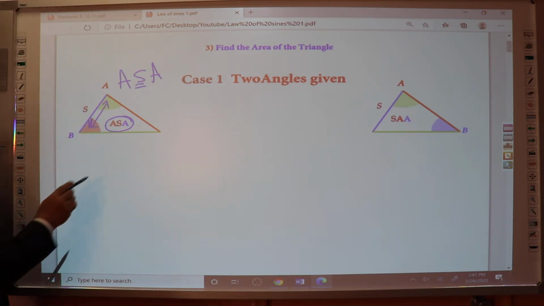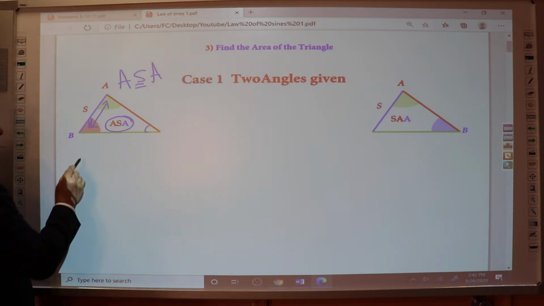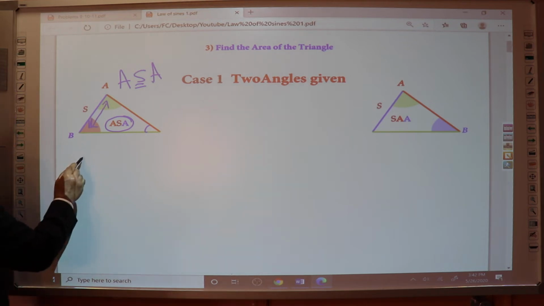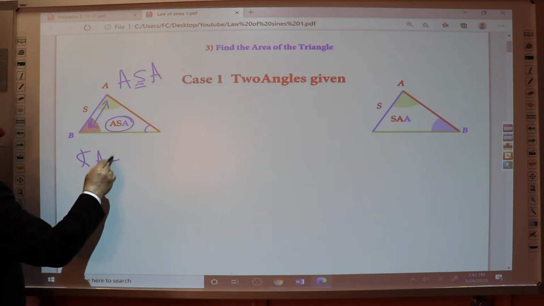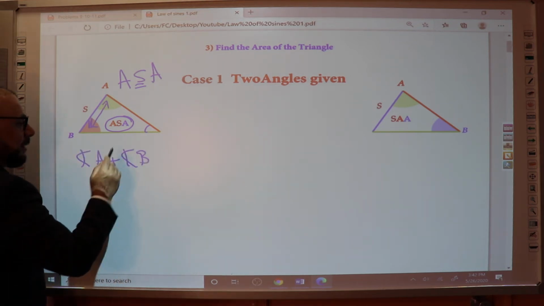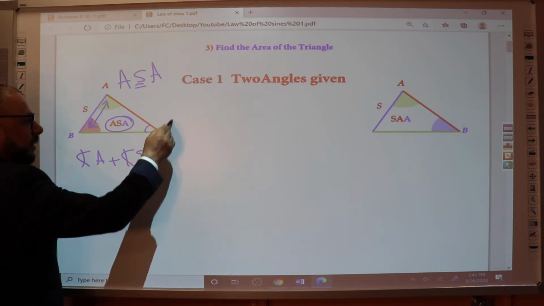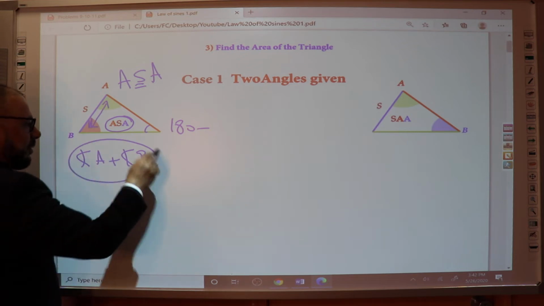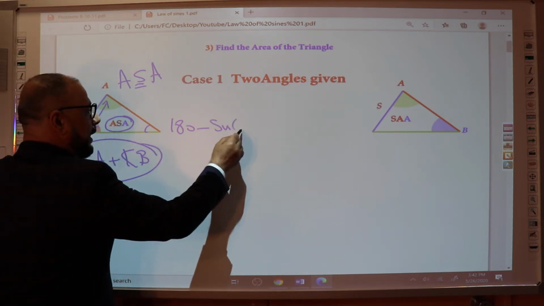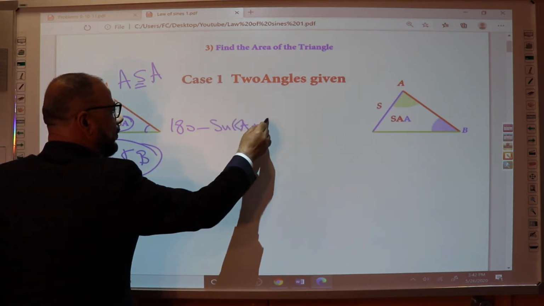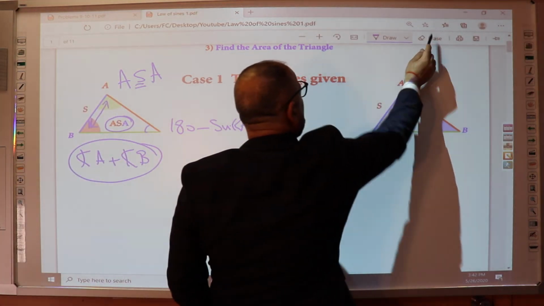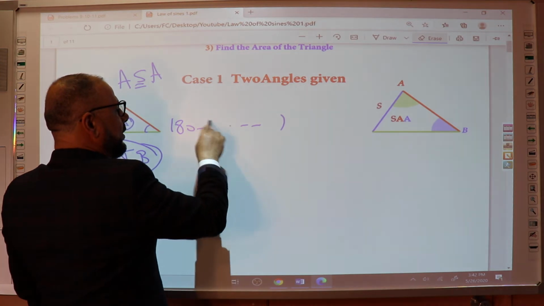Here, that's easy. You find the third angle, this angle here, by adding angle A plus angle B, then 180 minus the sum of angle A and angle B. Okay, let me just erase it.